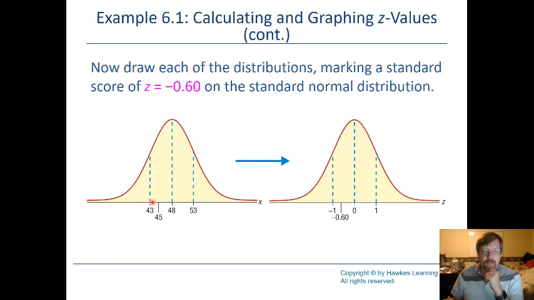Then the value we're interested in, 45, is right here in between those. You convert it to a standard normal distribution. It's basically just relabeling those. Instead of being 45, we are 0.6 standard deviations below the mean.